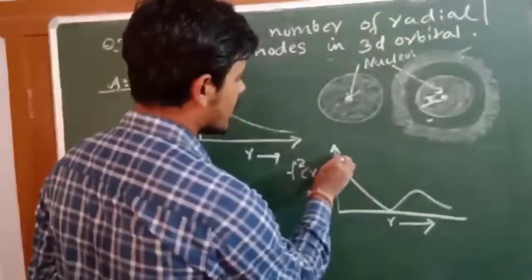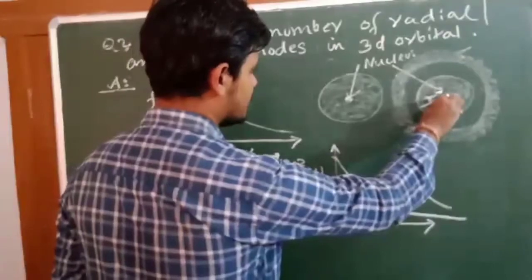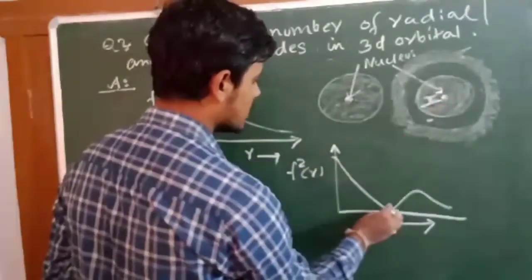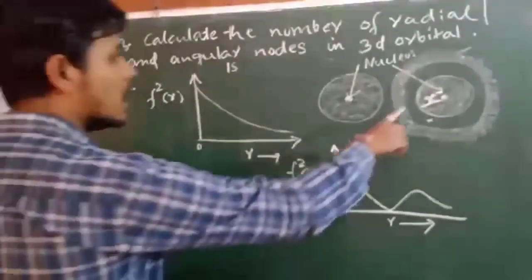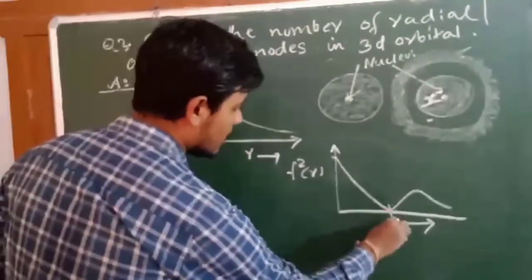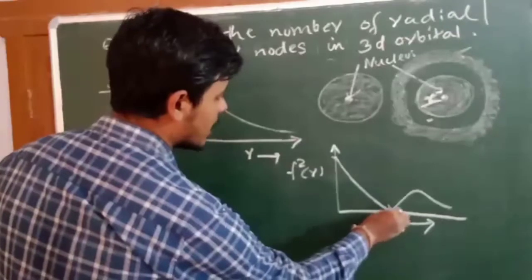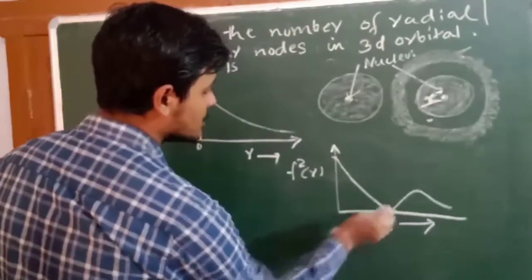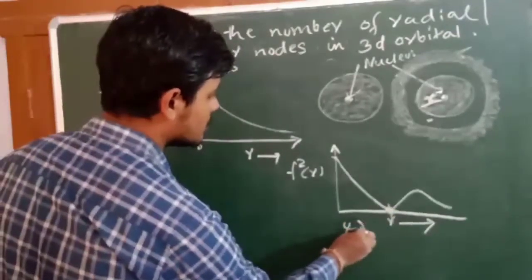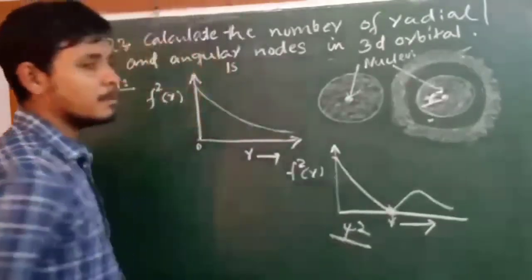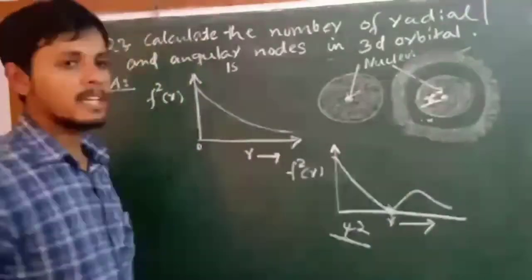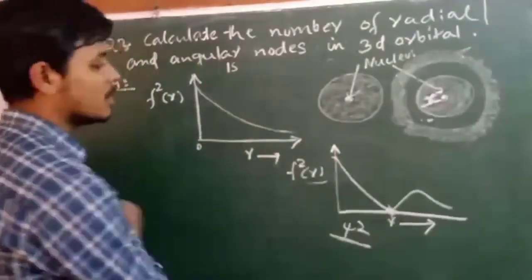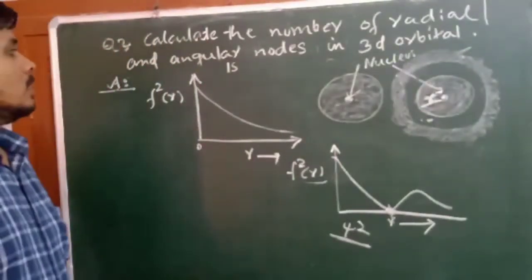So the electron density is high near the nucleus. After a distance r from the nucleus, I will get a point where f square r becomes 0. That means psi square also becomes 0, so the probability of finding an electron becomes 0, and I get a radial node. So why is it called a radial node? Because this radial function becomes 0.